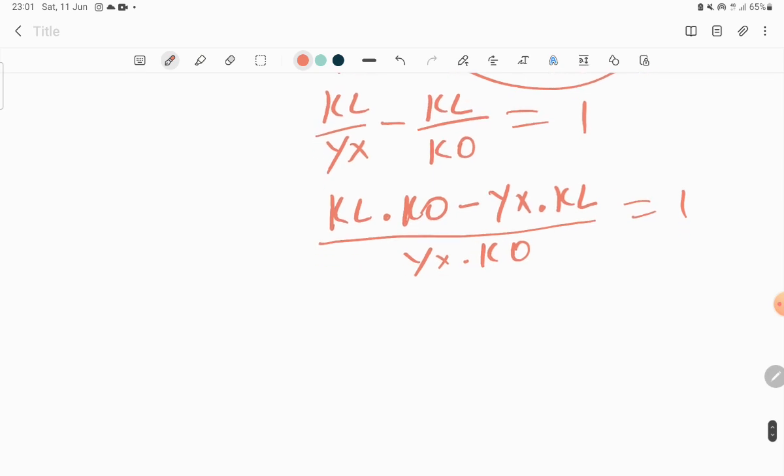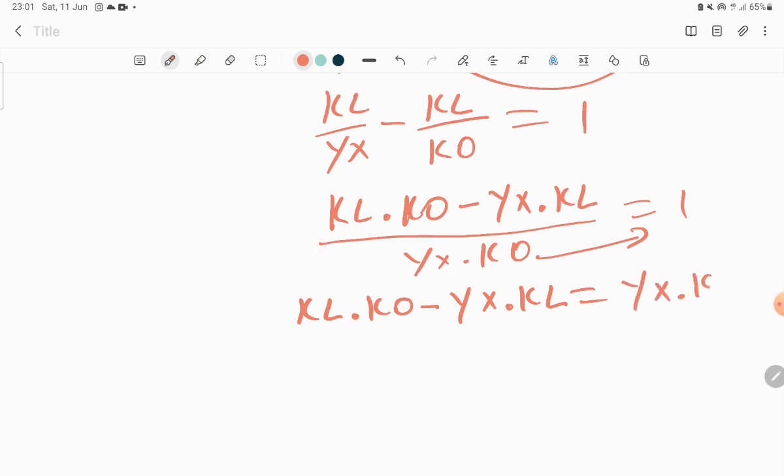So on that note, we can always have KL times KO, then minus YX times KL is equal to, then this one can move to that side. So we have YX times KO.